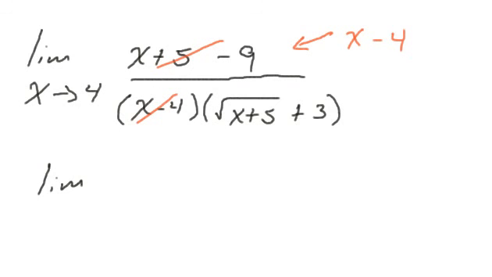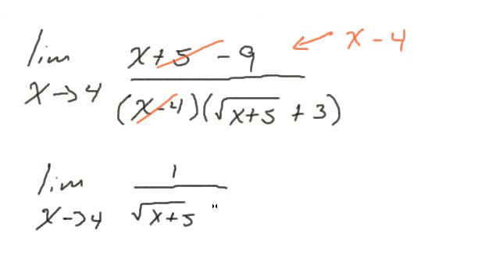And then we rewrite it, and we're left with 1 over the square root of x plus 5 plus 3.